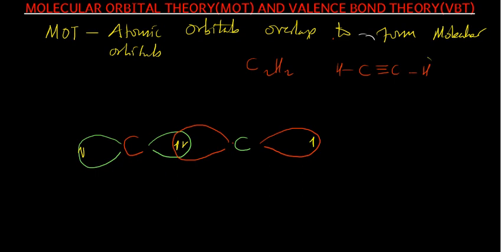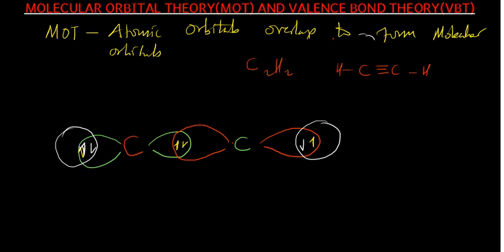Now notice that they've reacted with a hydrogen each. So let me show each hydrogen. There is a hydrogen this side, there is a hydrogen the other side. Each hydrogen has brought an electron. They should have opposite spins. The one electron is pointing up, the other one down. Okay, so this is what we have.